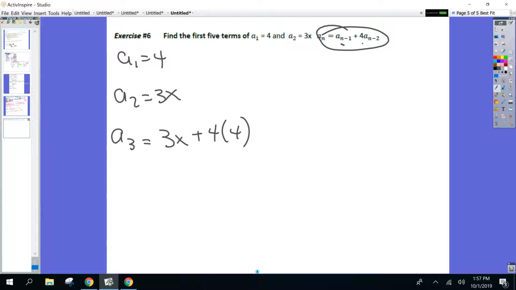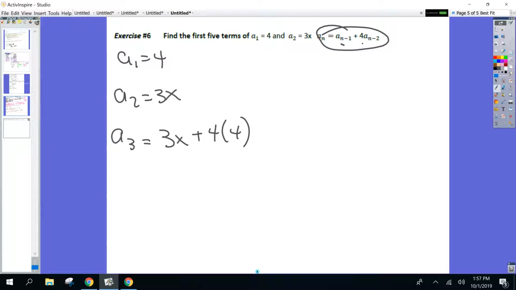Yes, no? Go ahead. Ask questions. Okay, where'd I get the 4 from? This was my previous term, right? And then it says 4 times, see where it says n minus 2? So if n minus 1 was my previous one, n minus 2 has got to be the one before that.